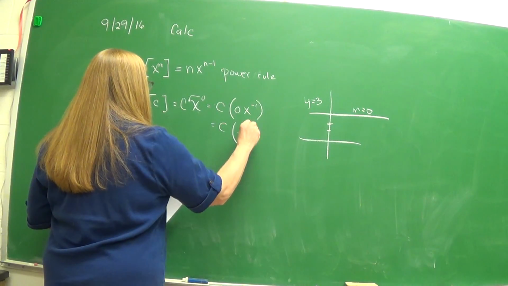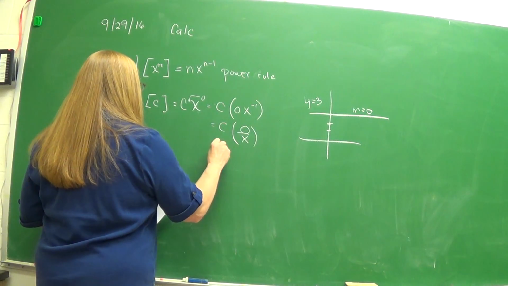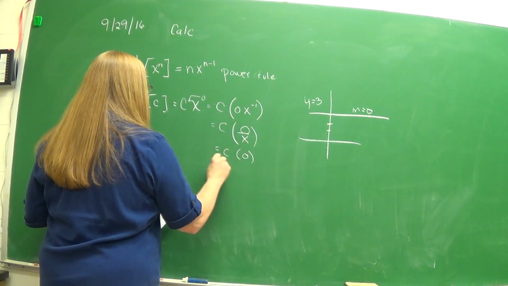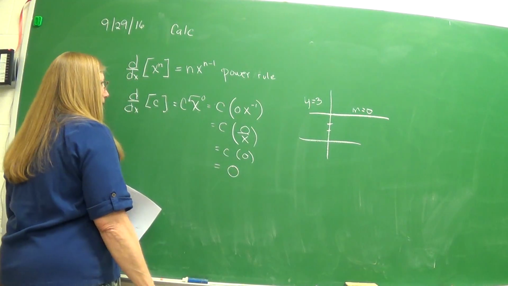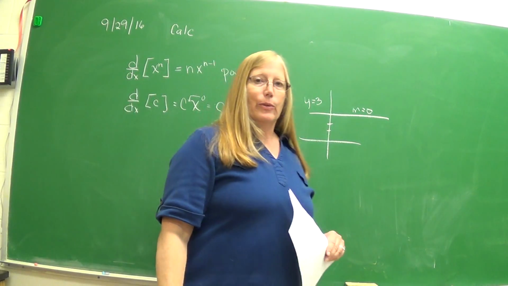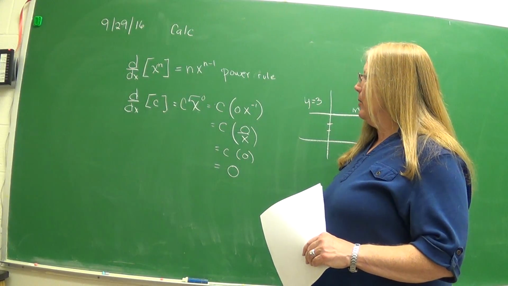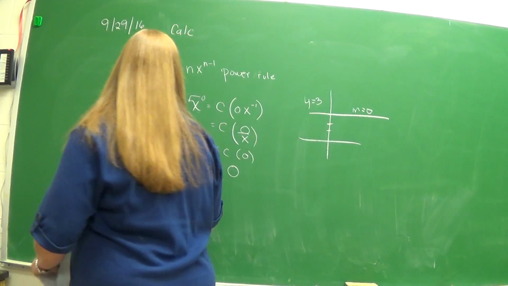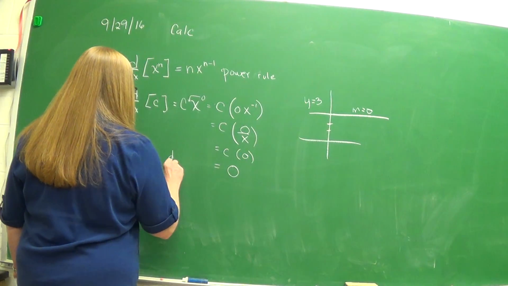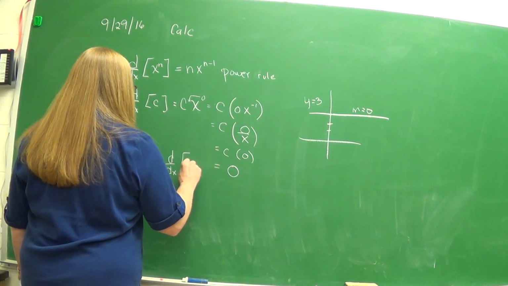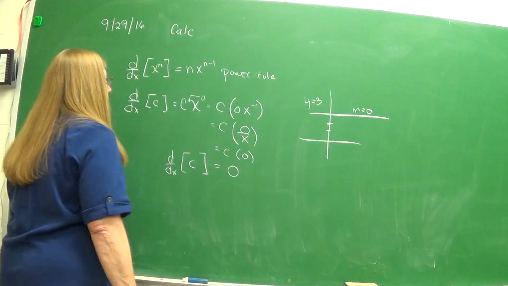So we have 0 times c, which is 0. So it does follow the power rule if you want to force the issue. But let's be aware that the derivative with respect to x of any constant is always 0.